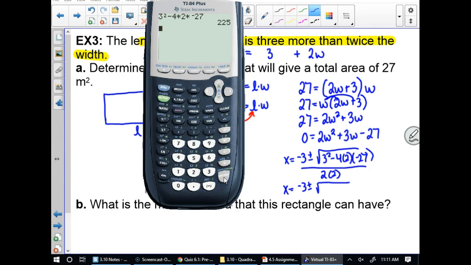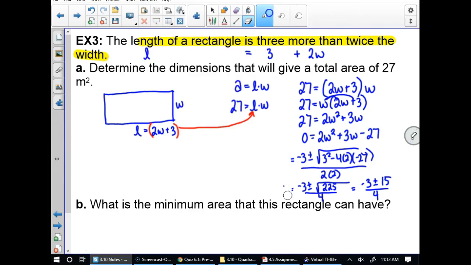Oh, 225. It would have factored, actually, because the square root of 225 is 15, so we get negative 3 plus or minus 15 all over 4. Really, I should have called this a W here.